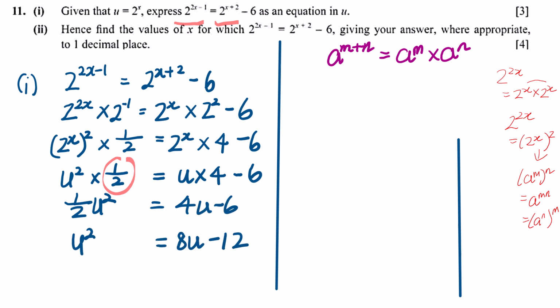And we end up having a quadratic equation in terms of u. And this is exactly what we are required to do in part 1. And in part 2, we're asked to solve it.